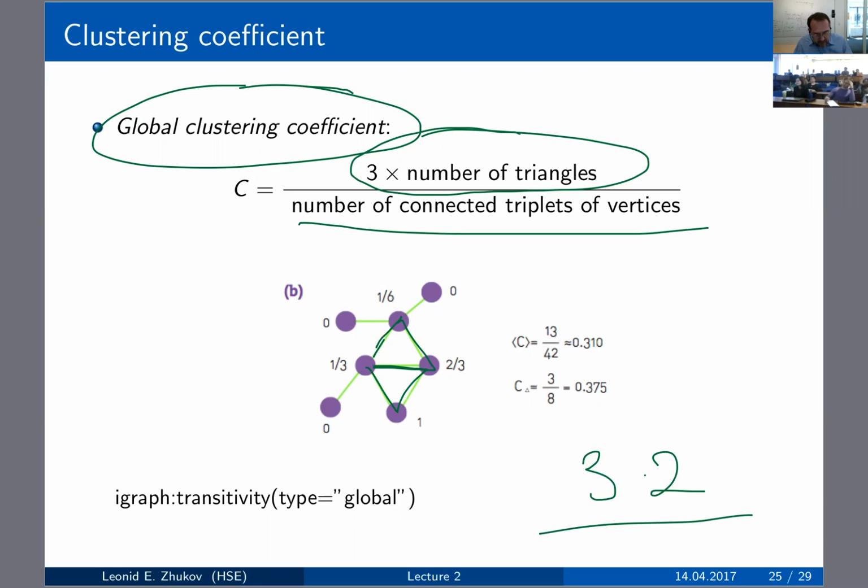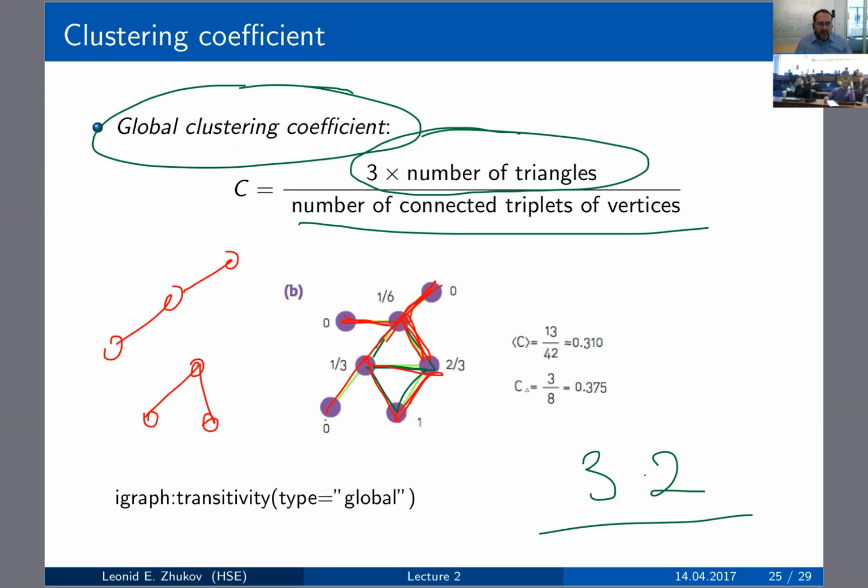And triples here, what we mean by triples is any of this kind of patterns, right? So this is a triple. This is a triple. This is a triple. This is a triple. So pretty much any connection like that, right, of 3 nodes is a triple.